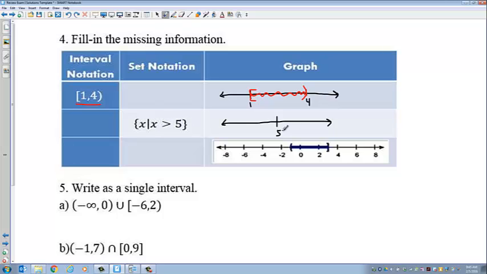So greater than 5, is that to the left or to the right? Well, that's certainly to the right, so shade in the region to the right. All the numbers to the right, x is greater than 5. And the greater than means don't put a closed bracket, but put a parenthesis, right? We don't include 5.